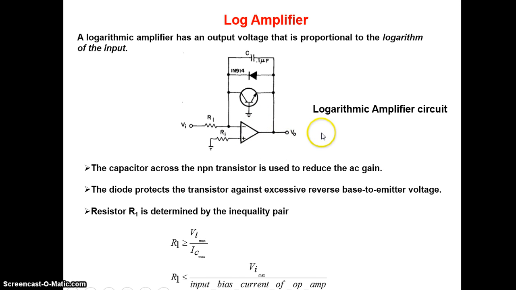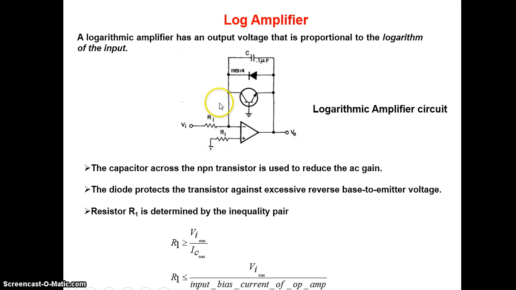Now, we will see how you are getting output as the logarithm of input. This is the schematic of a log amplifier. Here, in the feedback path, you see you have a transistor. This transistor is essential, otherwise it will not produce the logarithm.